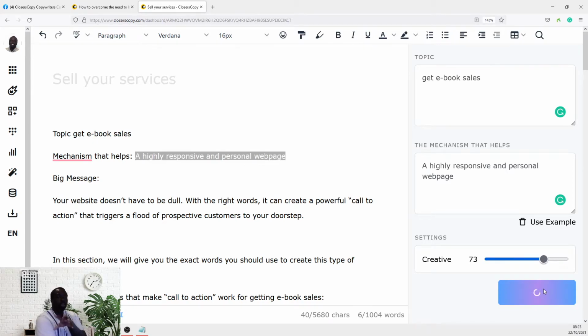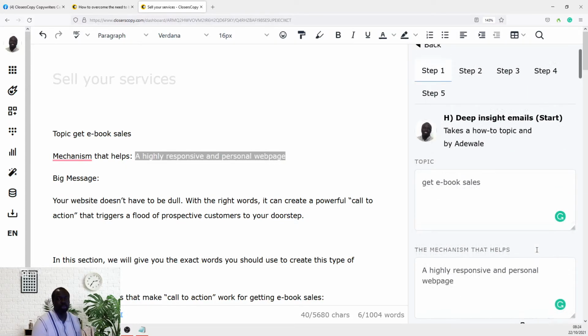So you could write this with this particular email framework. You could write an email that is linked directly to your product, or indirectly linked. So you could write about anything actually with this framework, the Deep Insight email framework.